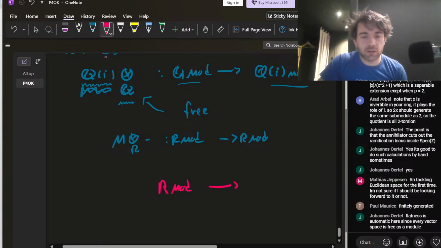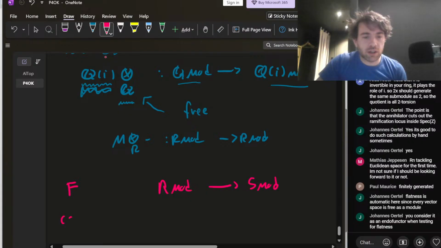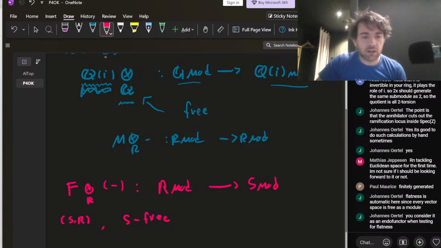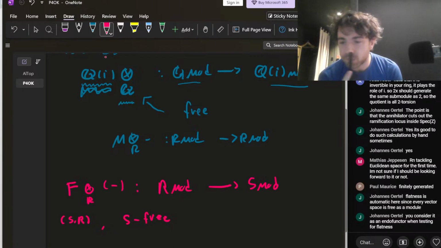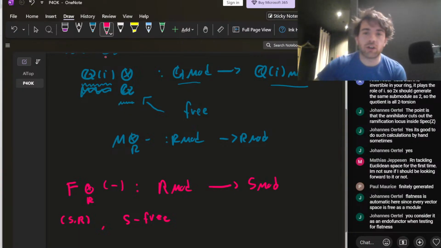Let's say a functor from R-mod to S-mod, where F is an S-R module which is S-free. Then is this functor always exact? You can consider it as an endofunctor when testing for flatness. Oh, because I could just forget back down to Q-mod?